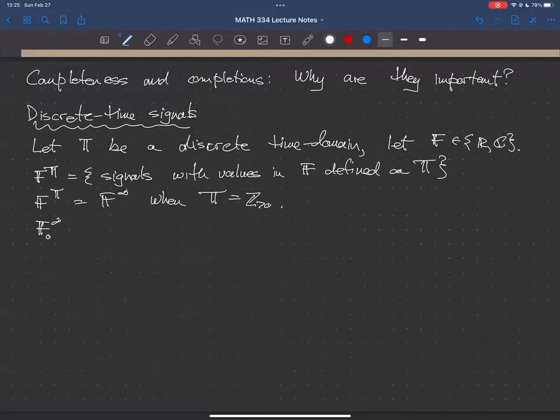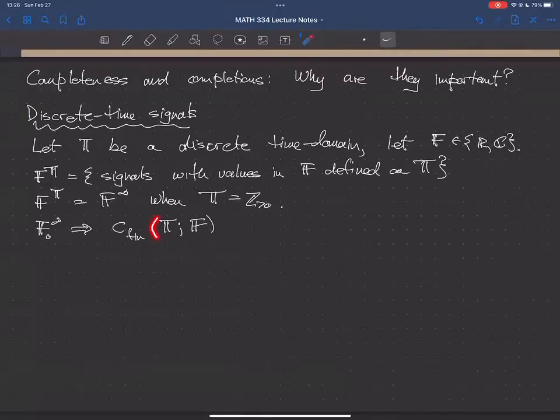The notation I use for the set of discrete time signals analogous to this is little c sub fin, for finite, of (T; F). Here I'm making use of the notation I use for spaces of signals throughout the course.